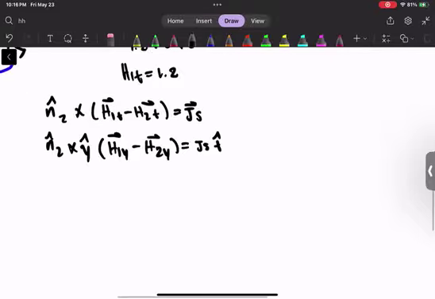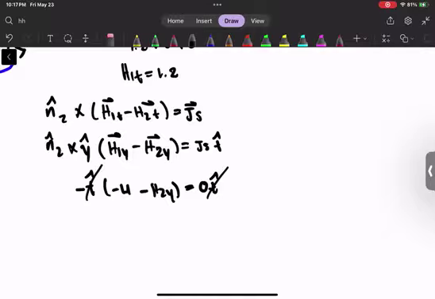So there's actually no surface current going in this direction. Using n2 cross y, which is negative t, H1y is given. That is negative 4 minus H2y. And we know that there's zero current in the tangential direction. Cross these out, and we're able to solve for H2y equals negative 4.